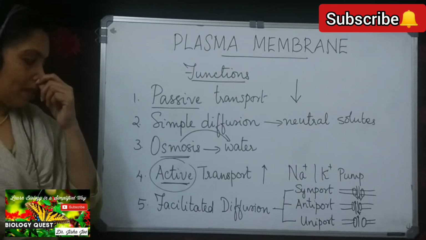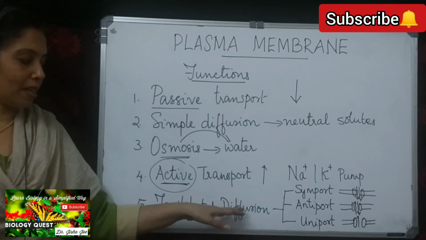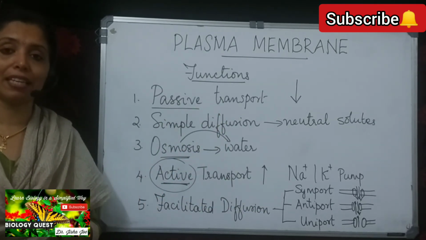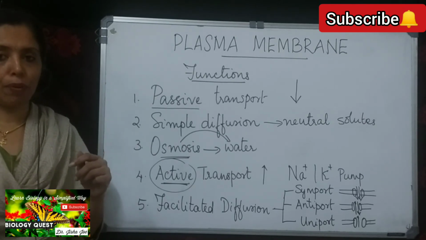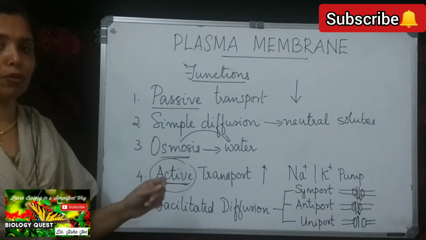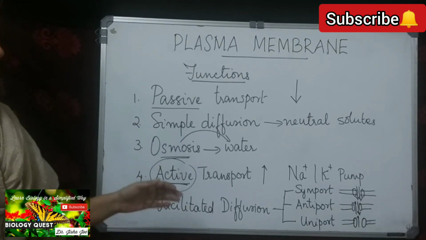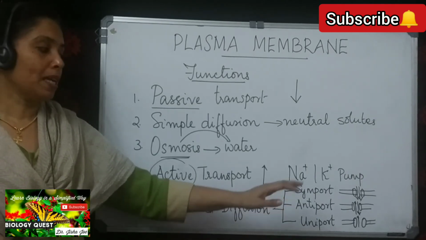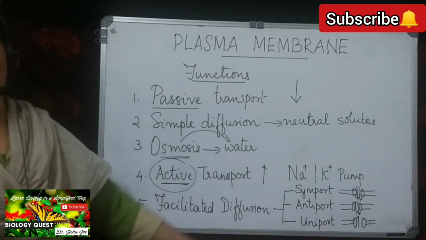Since it is a type of diffusion, it occurs along the concentration gradient, and no ATP is required. Here two molecules are involved, and accordingly facilitated diffusion is of three types: symport, antiport and uniport.